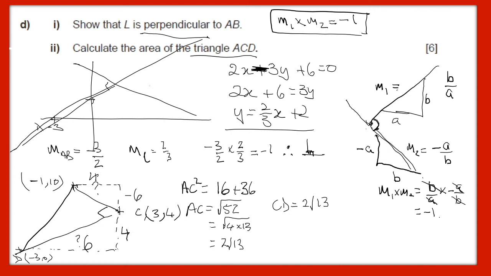And I know that my area of the triangle ACD is half the base times the height, so it's going to be 1/2 multiplied by 2 root 13 all squared.